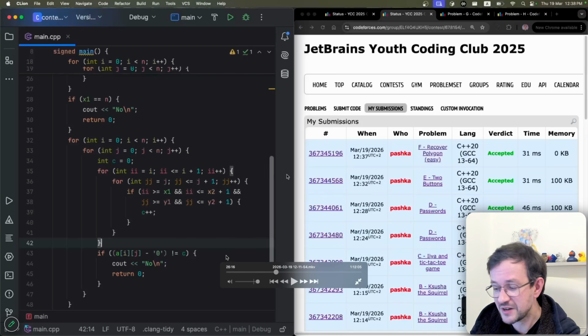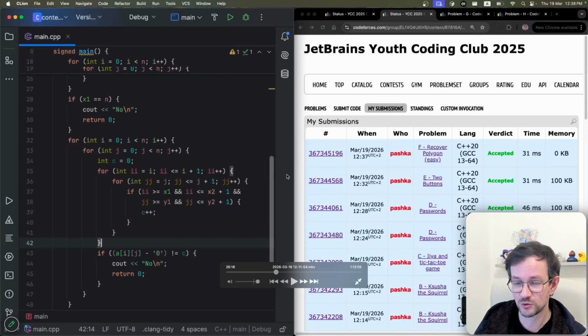In training, sometimes you need to train yourself to do something which is not very pleasant, like implementing this stupid stuff. But again, it teaches you how to implement problems like this in a simple way and do it fast enough. So that's what we train. We train implementing heavy stuff in a simple way, fast.